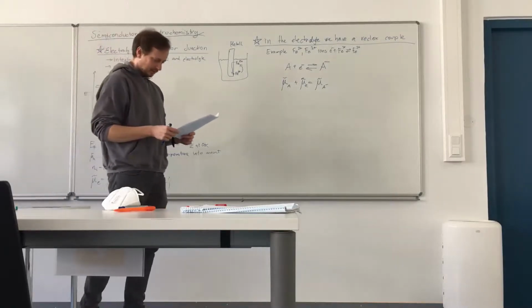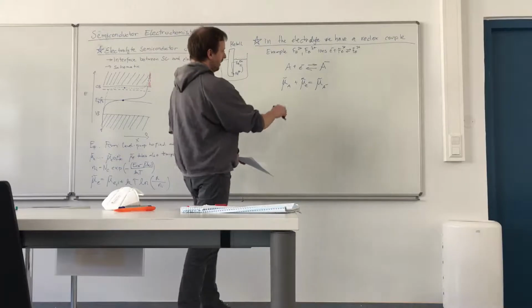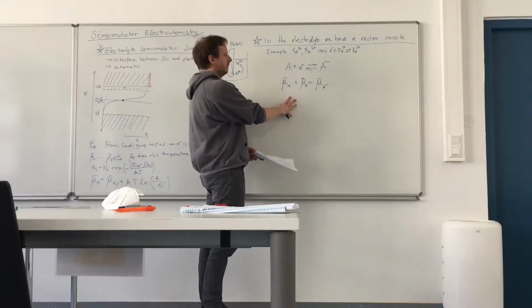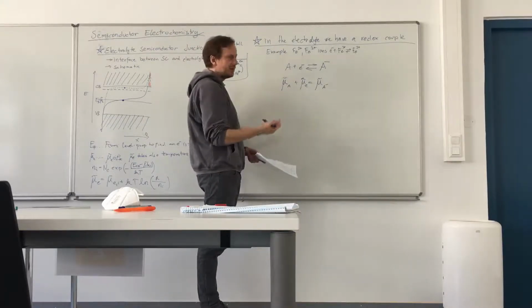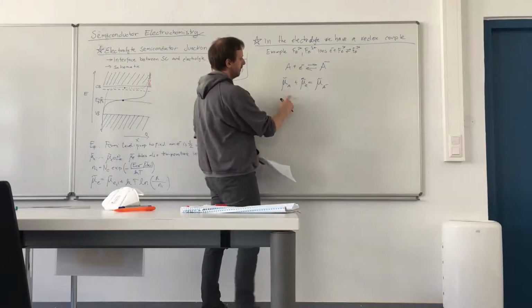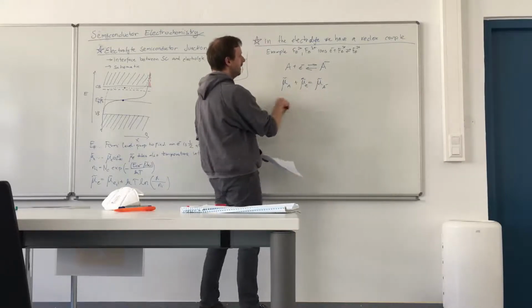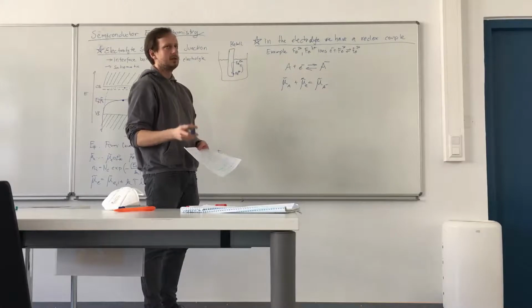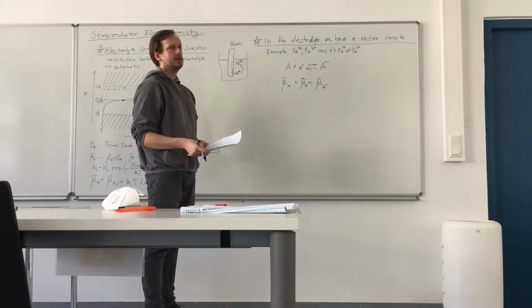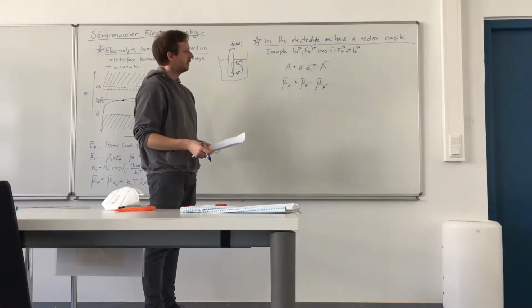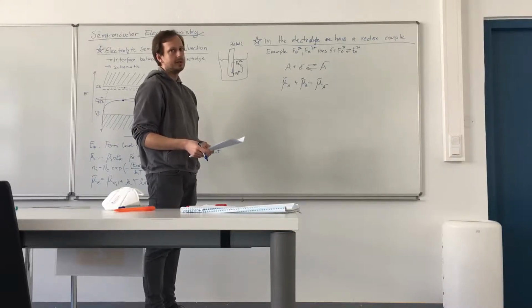And what does it mean for us? Why is this interesting for us? It's because if one brings this to this side, one can find an abstract definition of the electrochemical potential of the electron for the solution, even though there are no free electrons in the solution.